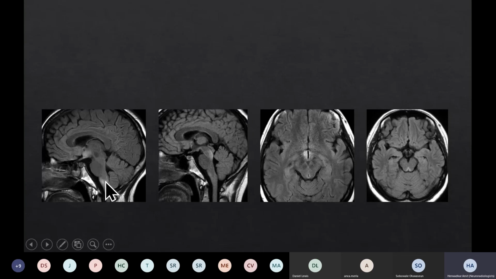Similarly, we have got this area over here within the medulla along the floor of the fourth ventricle called the area postrema. This patient was having constant hiccups and vomiting, and this is because this is an area which controls the emetic center, and if it is diseased, it is going to be excessively stimulated, like in this example patient over here.